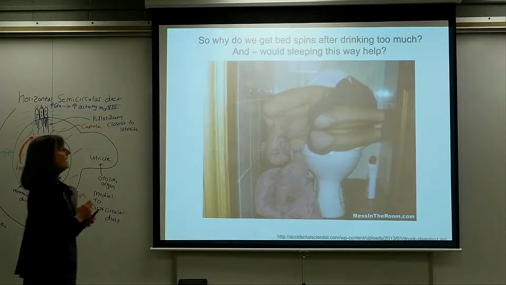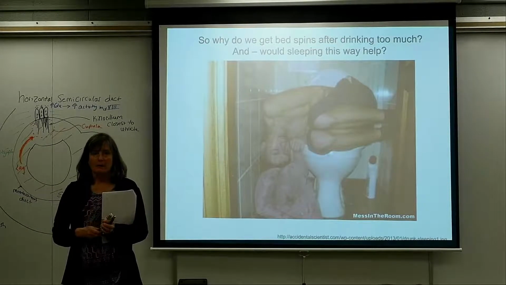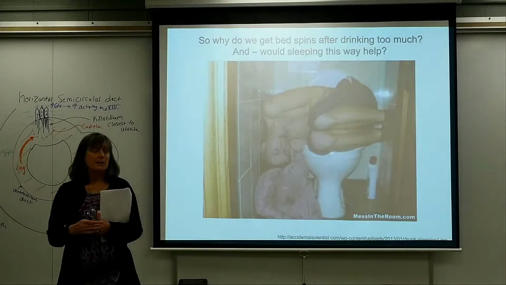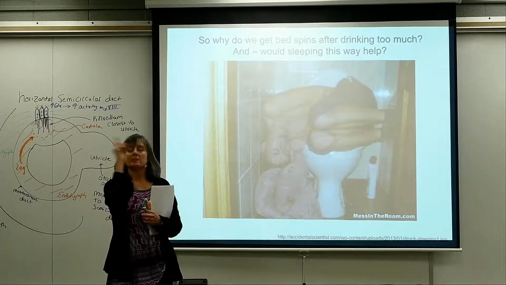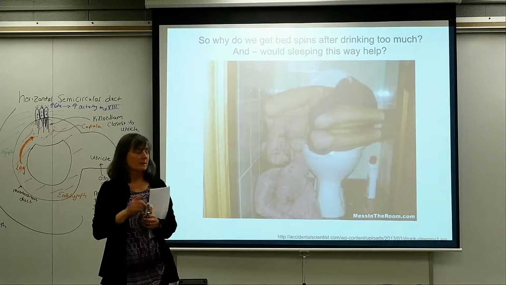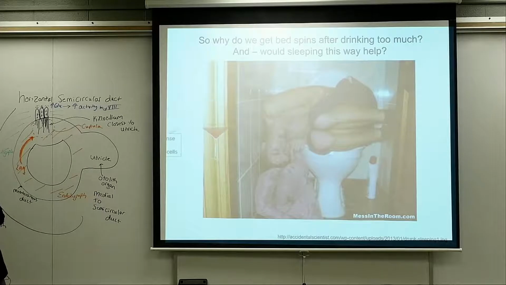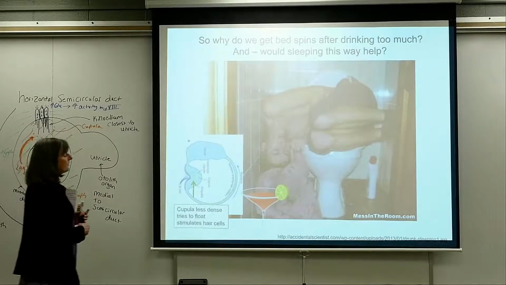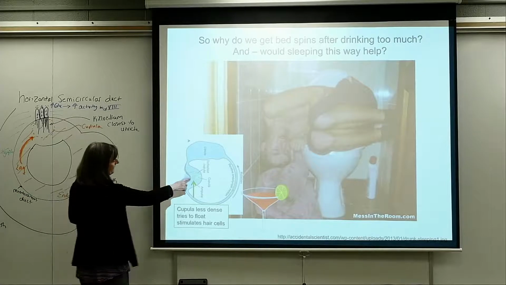So, alcohol. Most of us know that if you drink too much alcohol, you can end up with what's called the spins, to where you lay down in bed and it feels like the room is going around and around. What happens is that as that alcohol diffuses out of the capillaries, it goes into the cupula.